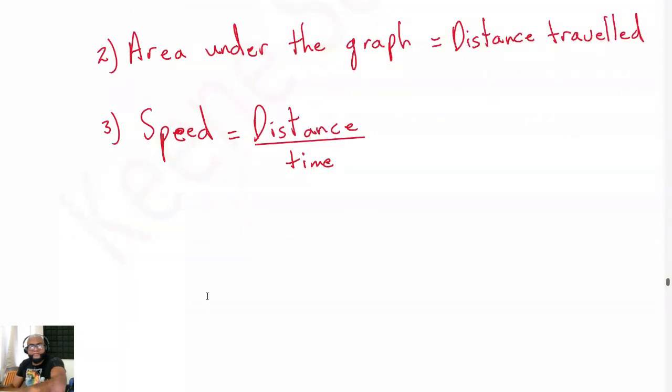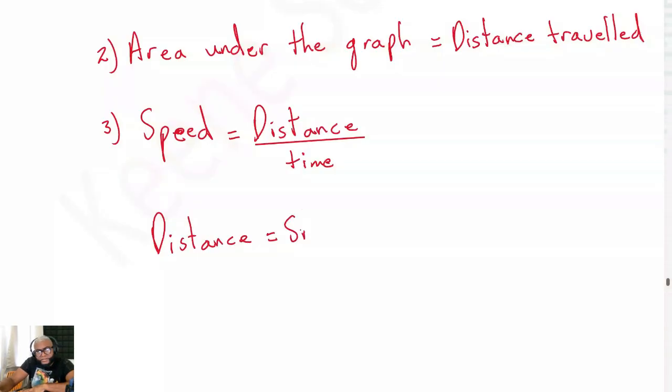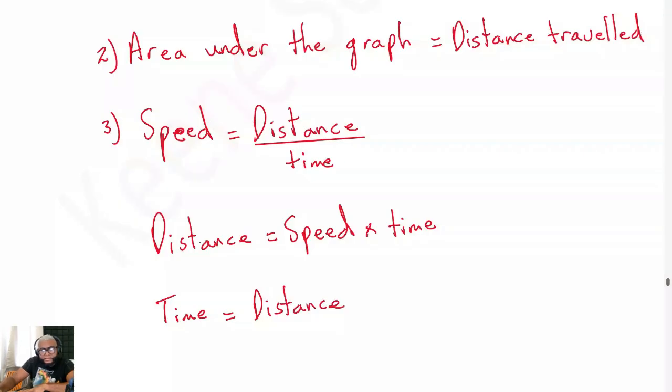You can also get distance: distance is equal to speed multiplied by time, and time is equal to distance divided by speed. Right?